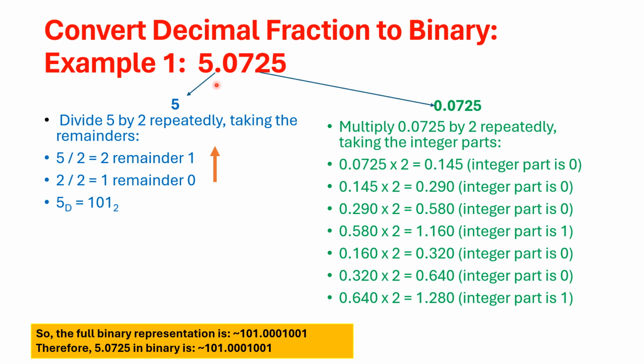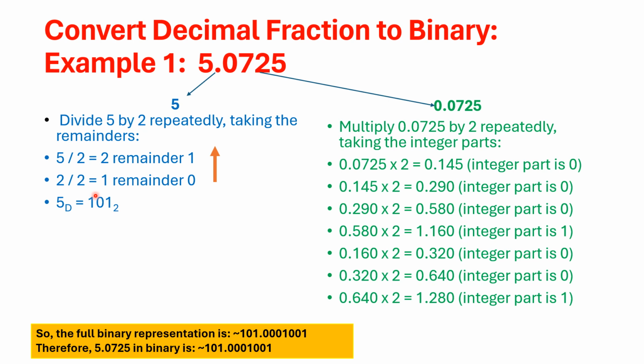As we did in our previous example, integer conversion into binary is a successive division operation. So we perform the division operation of 5 divided by 2. The resultant is 2, with a remainder of 1. We again perform the division operation of 2 divided by 2.